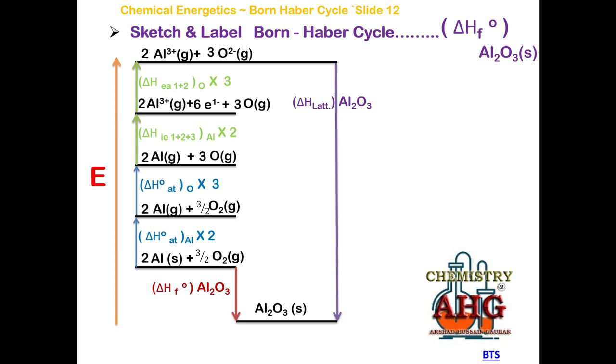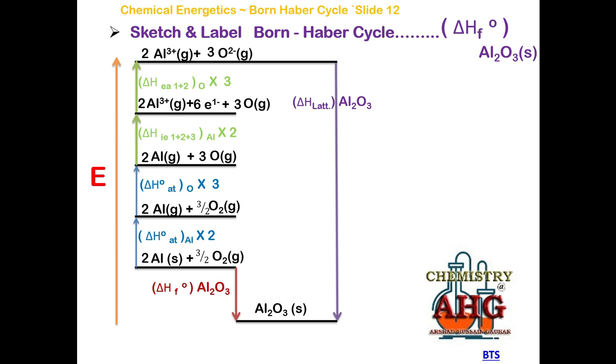If someone has some difficulty understanding some of the enthalpy changes, he or she must watch the lectures that I have taken earlier for this chapter. Okay. Now students, we can also apply Hess's law to this Born-Haber cycle to derive a formula if we are given a numerical problem.